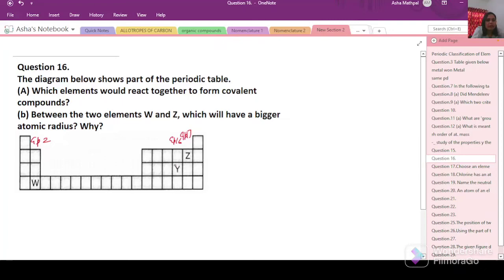Now here its valency is 2 simply, right? And its valency will be 1. So they can combine together to form the covalent compound.